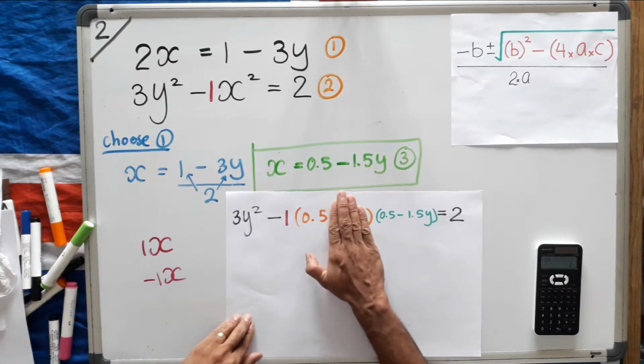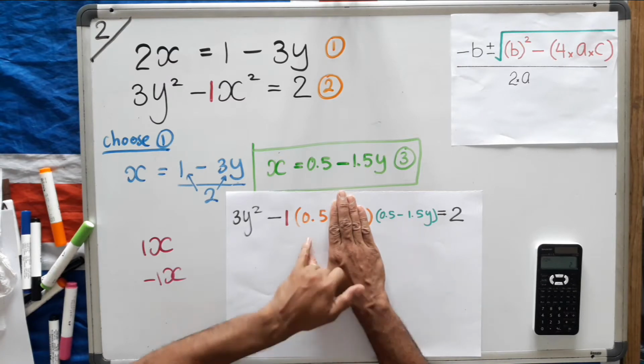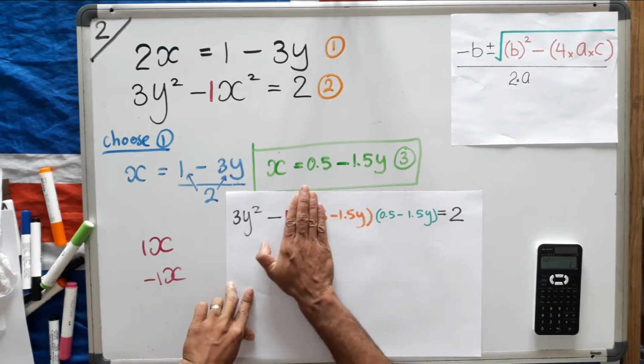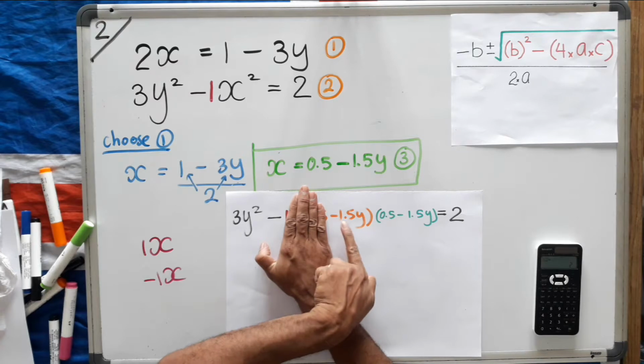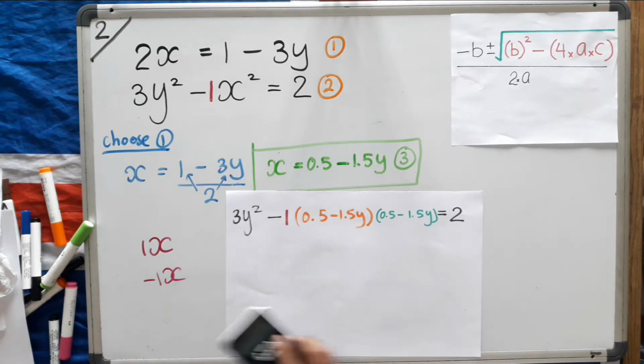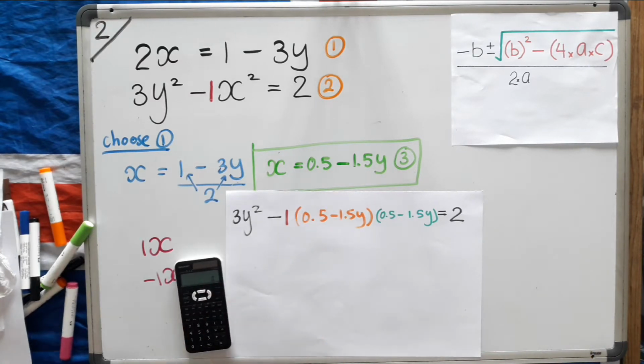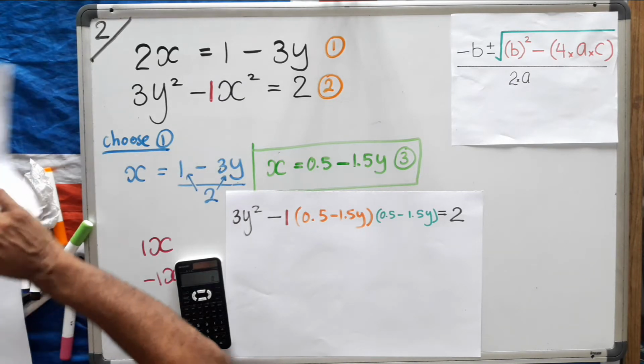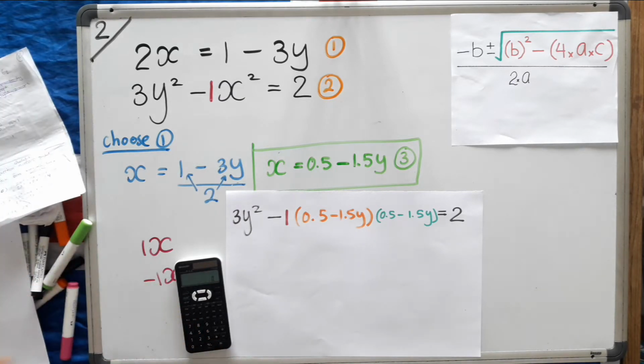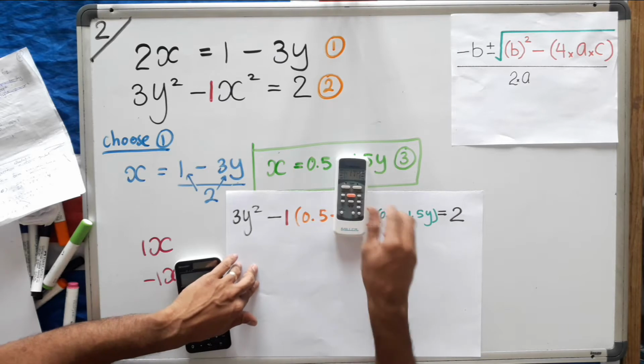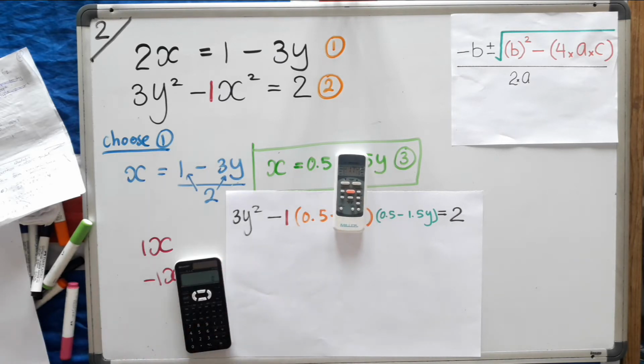Remember how we would do it? We would block him, multiply both of them by 0.5, then block him and multiply both of them by minus 1.5y. So I think I'm going to need my calculator for this. Let's do some blocking. Let's block him off. We're not paying attention to it.